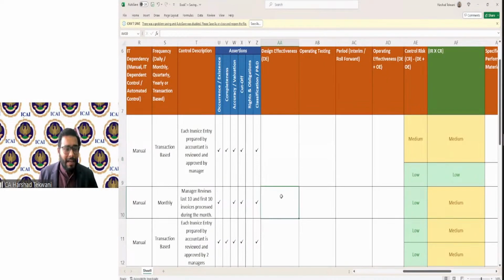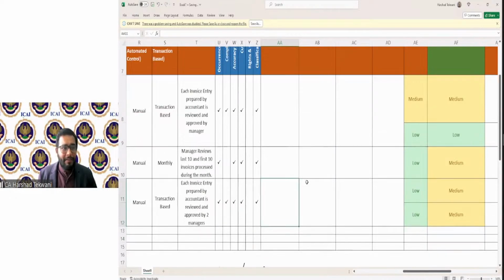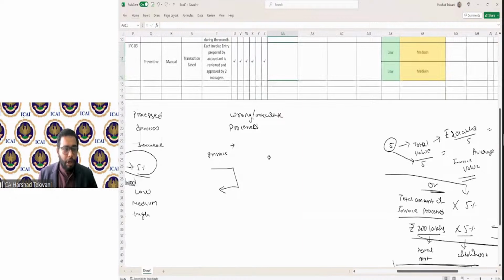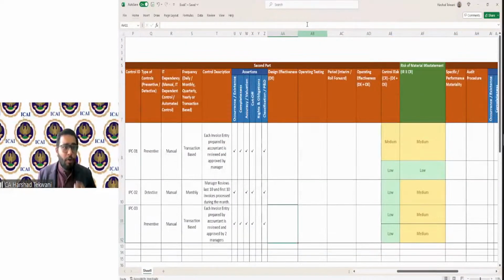How will you understand the design effectiveness of a control? How do you identify design effectiveness, guys? Let's say you want to identify whether the control is designed effectively, how will you do that? Anyone?